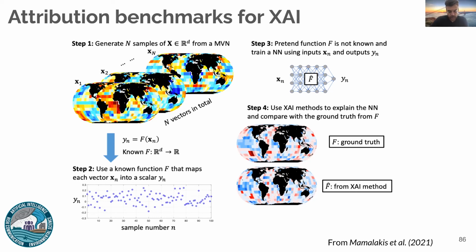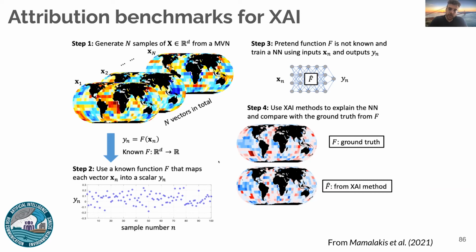Now we have a synthetic input and a synthetic output, and we know the connection between the two through this function f, which is nonlinear, but I don't have the time to go into further details. Now, step 3 is where things get more interesting.